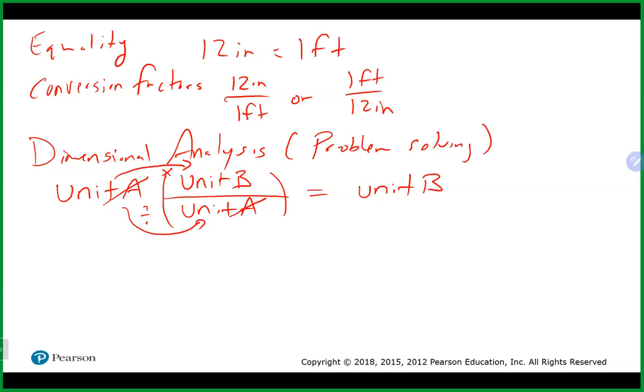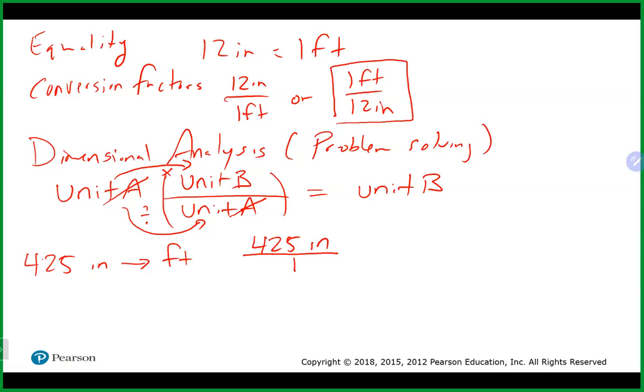So for example, if we had 425 inches and we want to know how many feet that was, we would start with 425 inches. It's not written as a fraction, but it is assumed that the inches are up on top. That tells us that in our conversion factor we want inches in the opposite location, so 12 inches on the bottom and 1 foot on top.